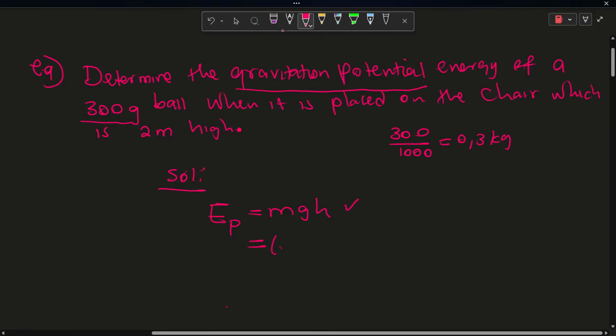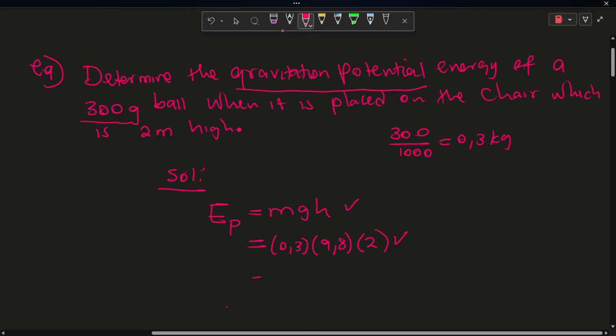And then when there is mass, you put 0.3. And then what is G? It's 9.8. And then what is the height? It's 2. You see, you get a mark for that. I hope we're clear on that one. See? And then we take our calculators, we say 0.3 multiplied by 9.8 multiplied by 2.